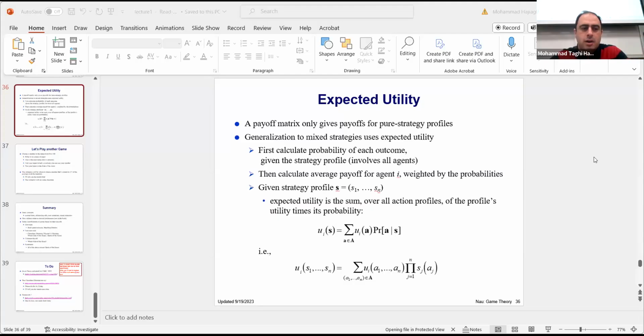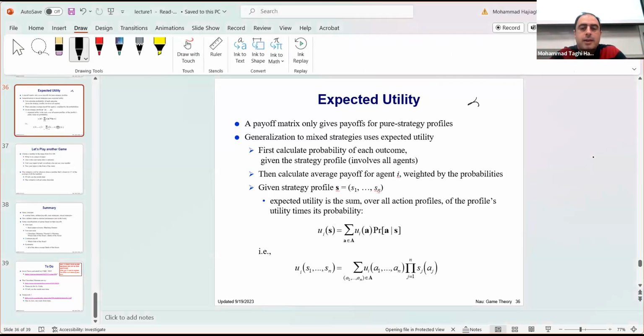Good. So expected utility. When we talk about pure strategies, like when we talk about normal form games and the payoff matrix, it only talks about pure strategy profiles and the payoff for them.